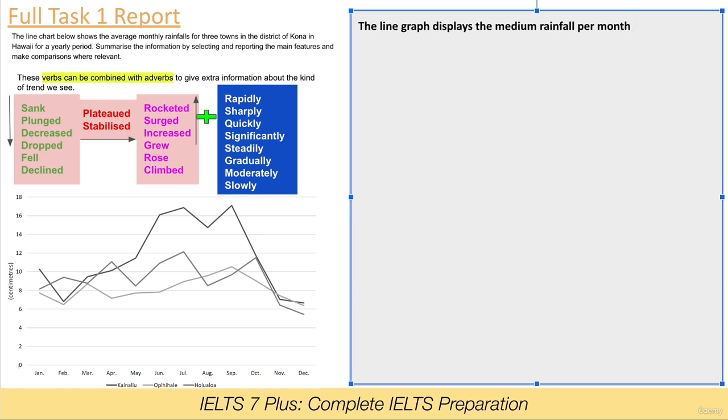So the median rainfall per month for 3 areas in the Kona district.